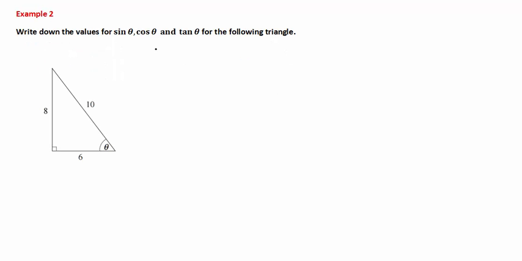In this example, we want to write down the values of sine, cos, and tan for the following triangle. So let's remember sine is SOH, S-O-H, cos is CAH, C-A-H, tan is TOA, T-O-A.